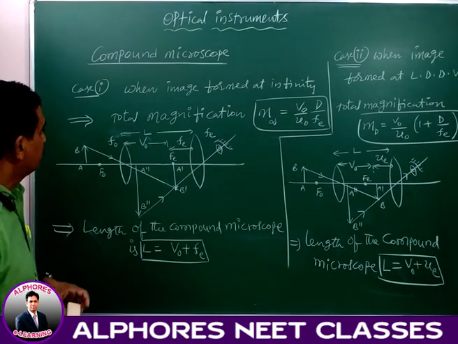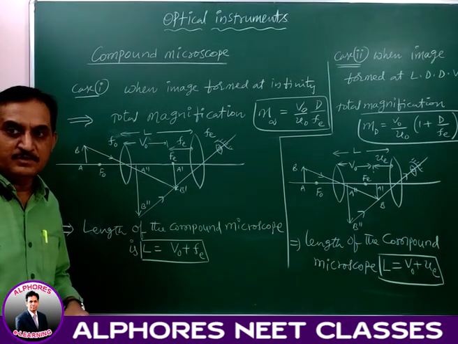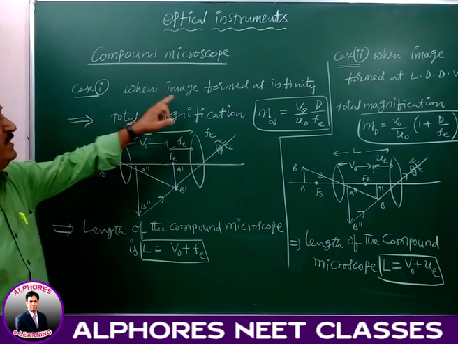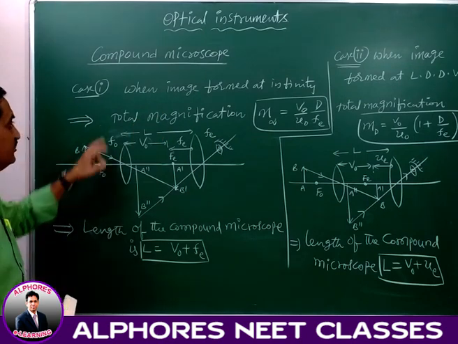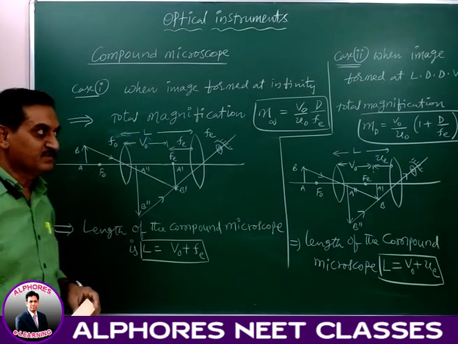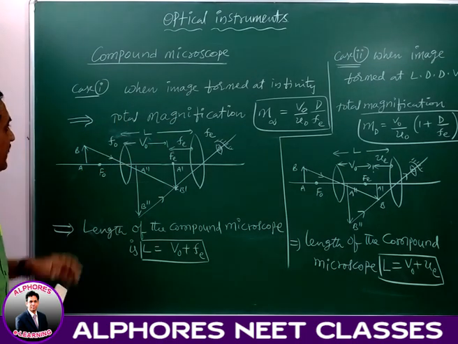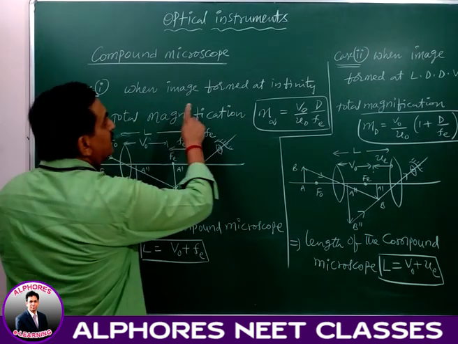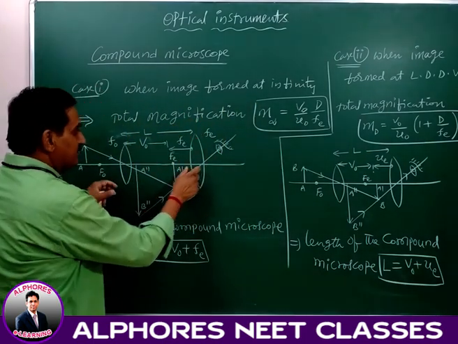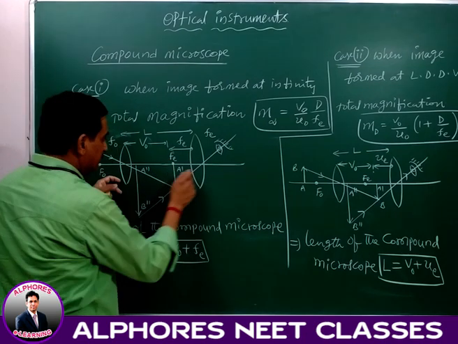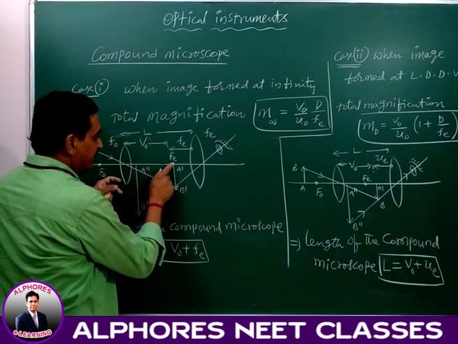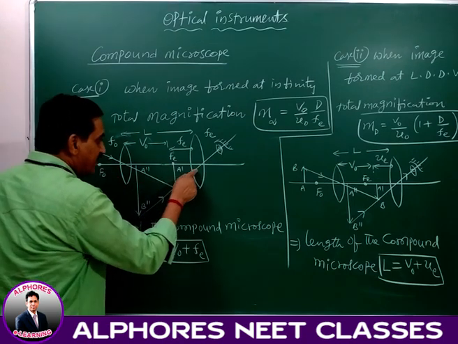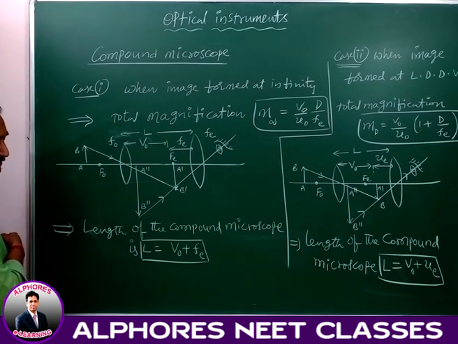And regarding the length of the compound microscope in two different cases. Case 1, when the image is formed at infinity, the total magnification is this much. We already discussed this. And here in the diagram, what is happening? For the image formed at infinity, the eyepiece is moved such that its focus point exactly matches the image formed by the objective lens and its corresponding image goes to infinity.